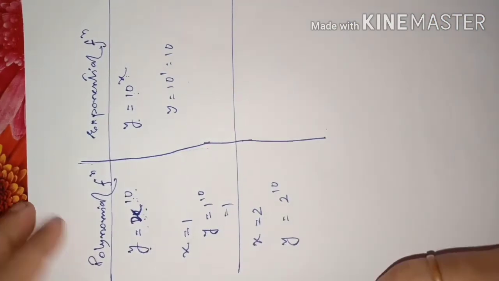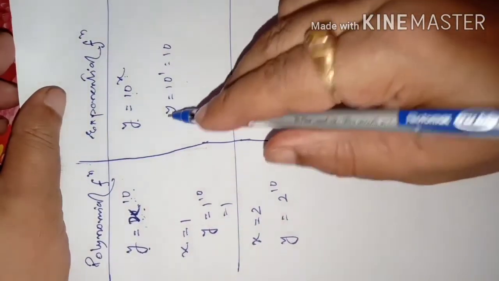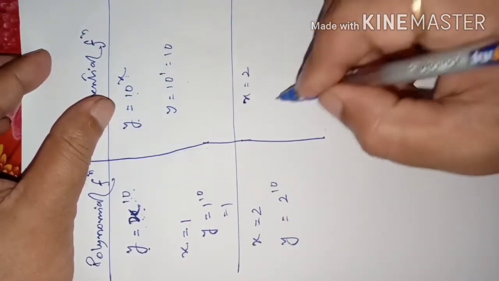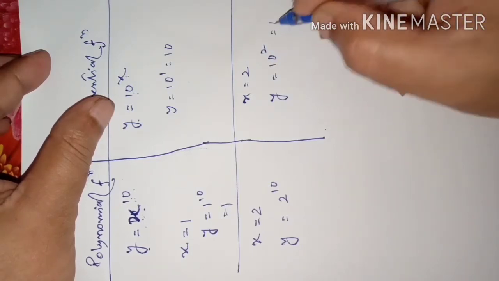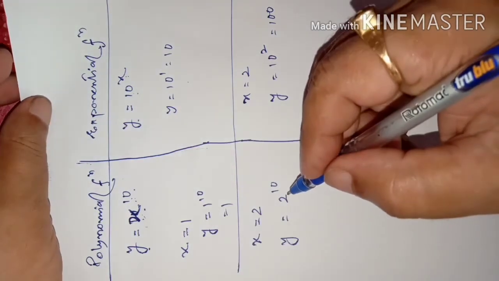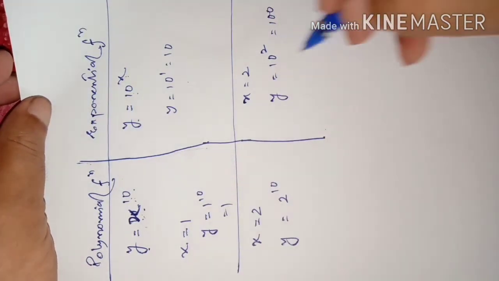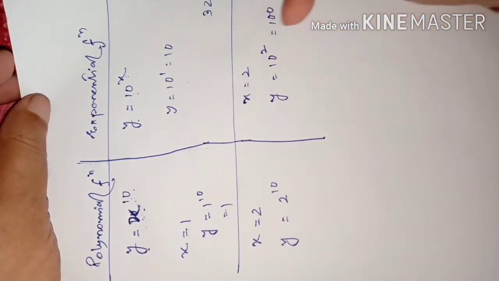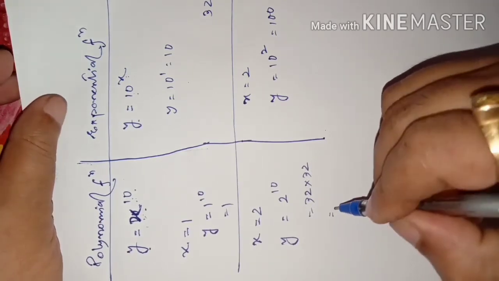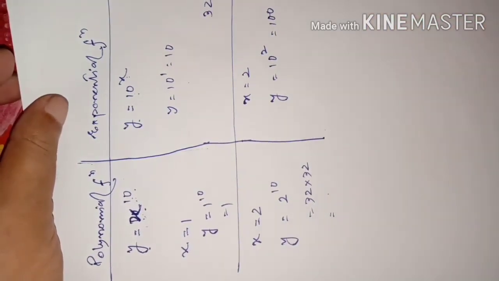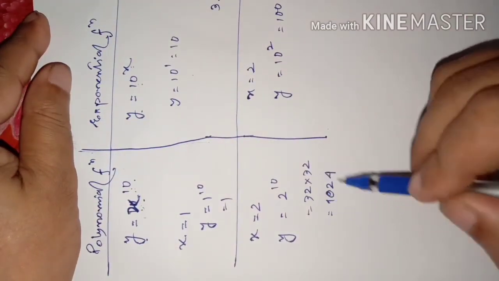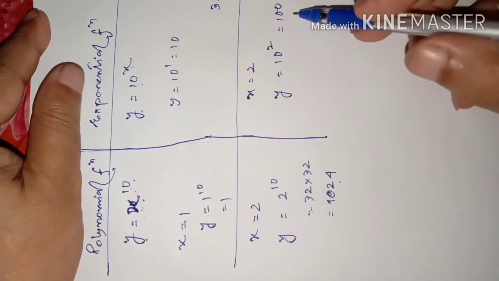And here, if I take x equal to 2, then y will be equal to 10 to the power of 2, which is 100. 2 to the power of 10, when you multiply 2 ten times, if you multiply 2 five times, you get 32. 32 into 32, what is the product? It is 1024, which is greater than 100.